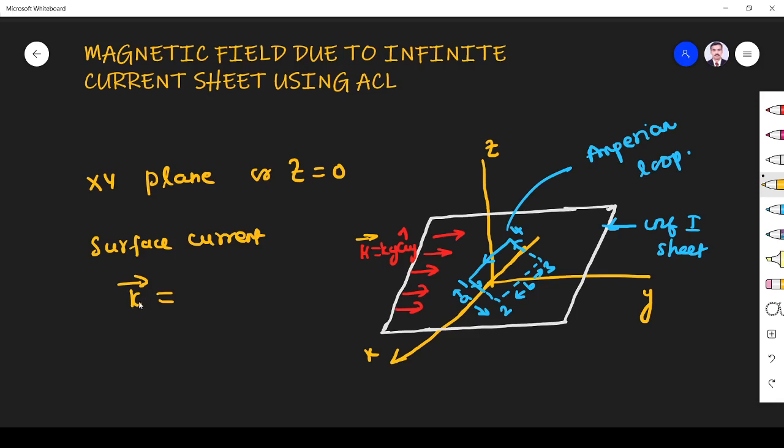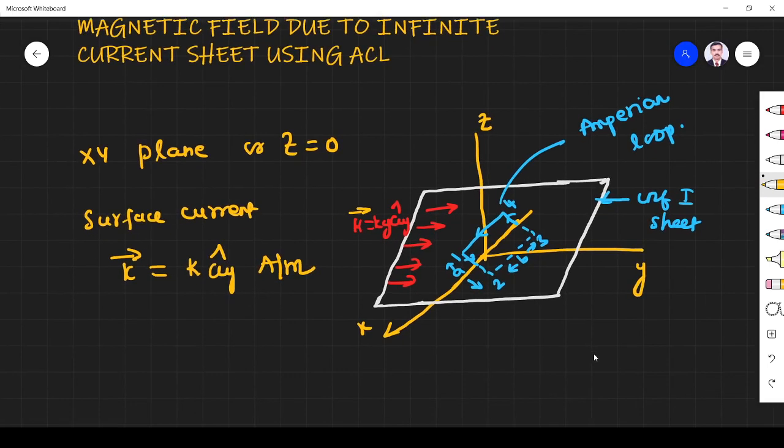Surface current is represented by K vector, and any vector can be written in terms of its magnitude and direction. The magnitude of K vector is K, and the current is flowing in the y direction, so we write the unit vector along the y direction: K y-hat ampere per meter. This is the one thing we have to remember.